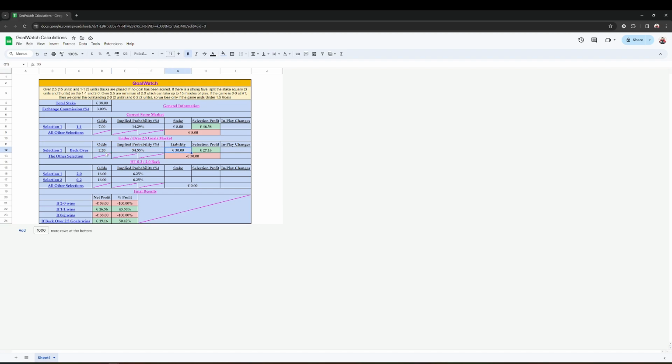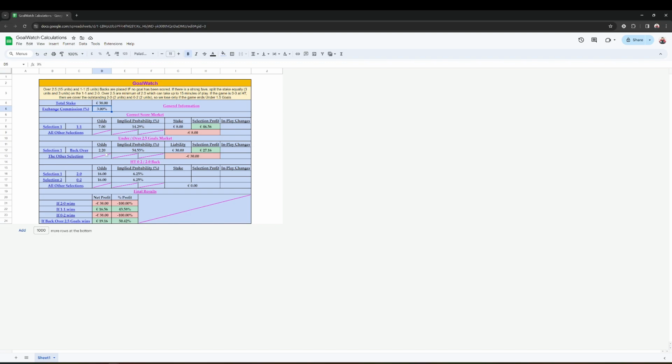If I go 30 liability for the overs and 8 liability for 1-1, I would be looking at around 43, 58 or 50% profit. Yes, around 50% profit, taking into account 3% commission on the exchange.